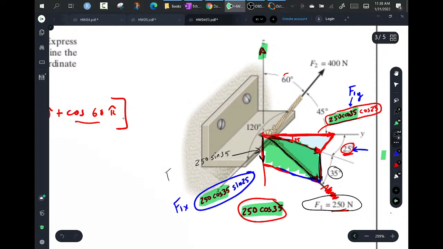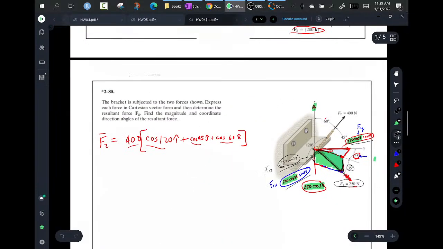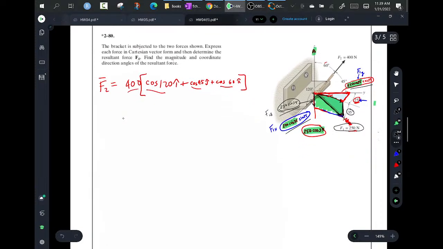That's your z component, F1 in the z component. So once you figure out those three numbers, you can write them in the equation. You can add them together and determine the magnitude and the coordinate direction angles.